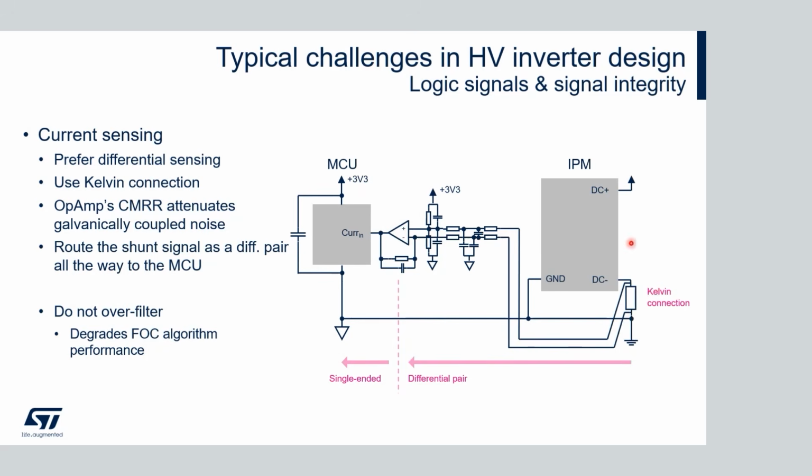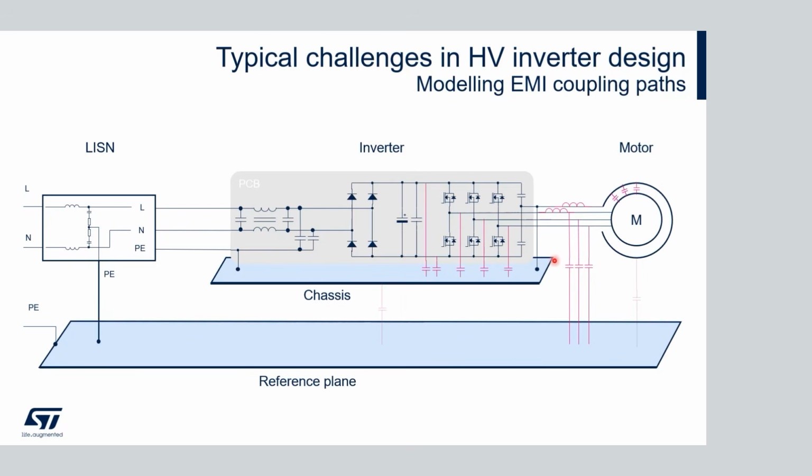And a side note: it is important not to overfilter the current signals, because this would in turn degrade the performance of the FOC algorithm that needs to have an exact measurement of the current at the exact times.